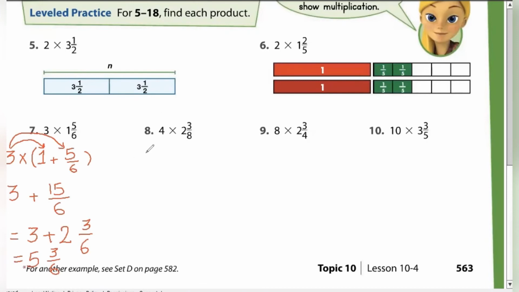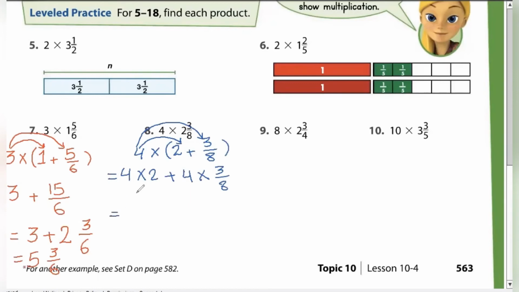Number 8, I will keep 4 as it is and decompose the mixed number into 2 plus 3 out of 8. Distribute 4, I will multiply it by 2 and multiply it by 3 out of 8. 4 times 2 equals 8 plus 4 times 3 out of 8.